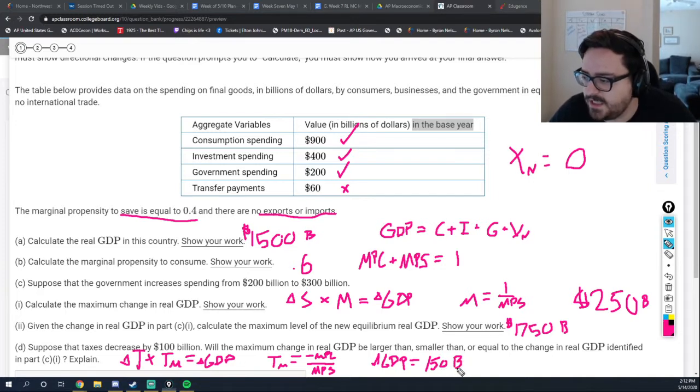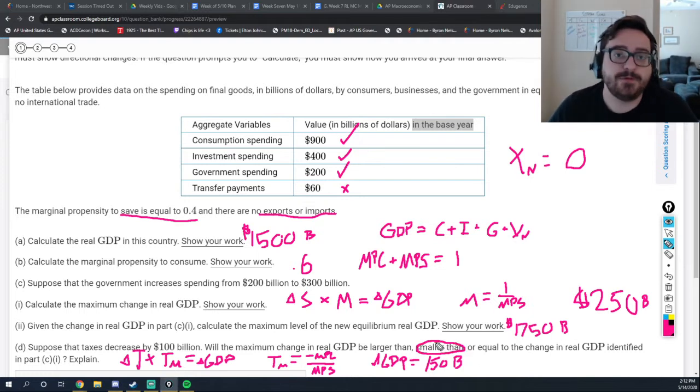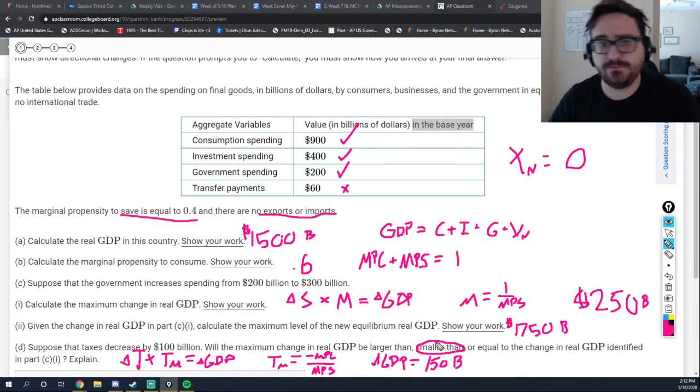It's a negative times a negative, so it's a positive. Now, compare that to my answer in part C-I, which led to a change in GDP of 250 billion. In this case, it only increases GDP by 150 billion. That is smaller than.